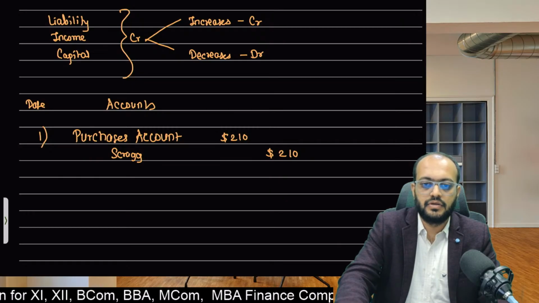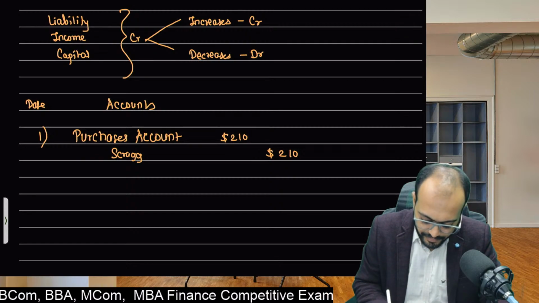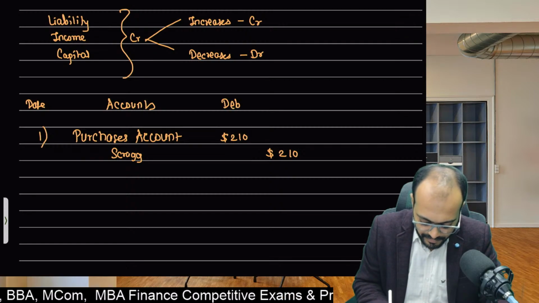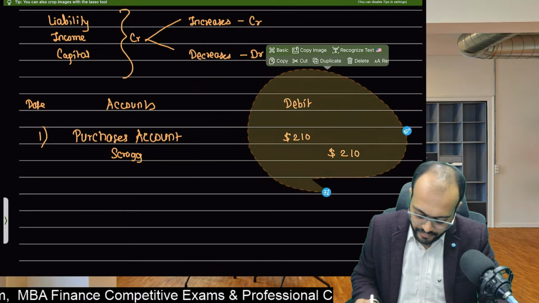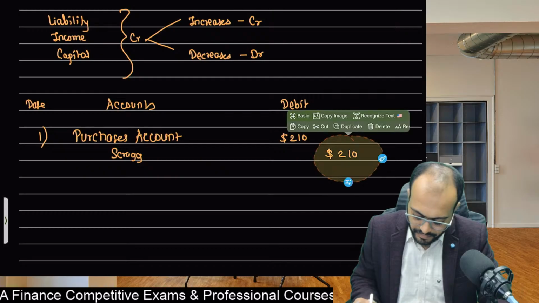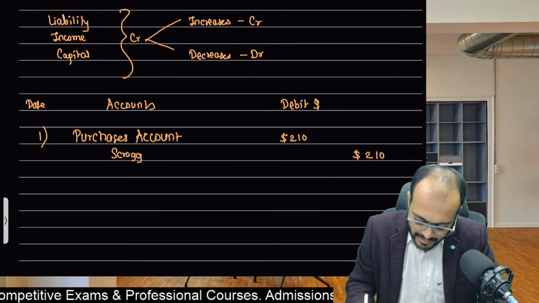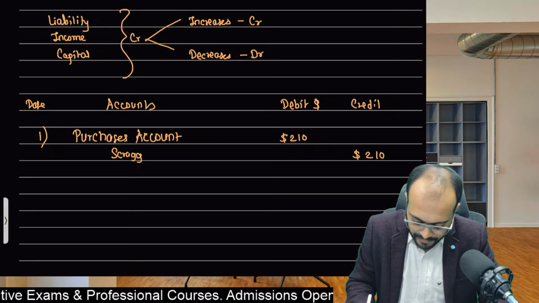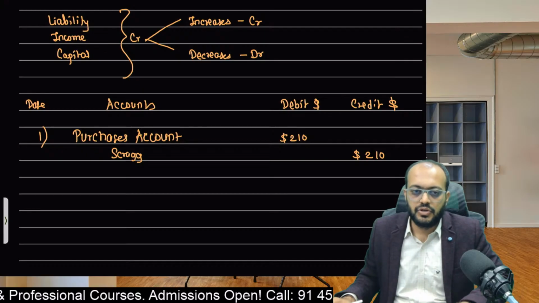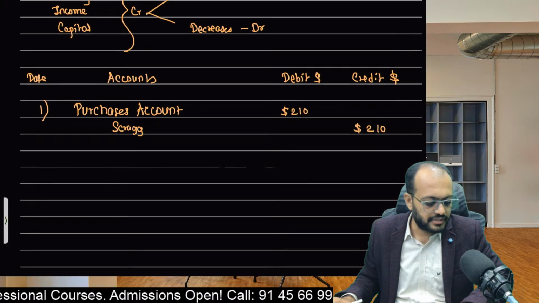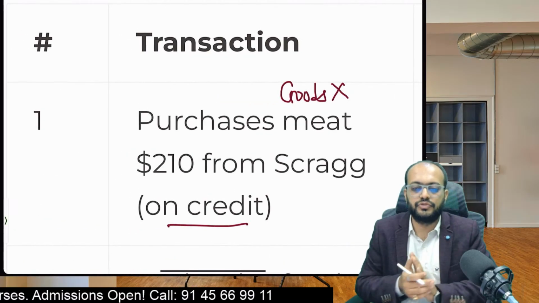Next is debit dollar, and credit dollar. This is the format. So we have to write the transactions in this format now. Double entry. Okay, so move to the next part.